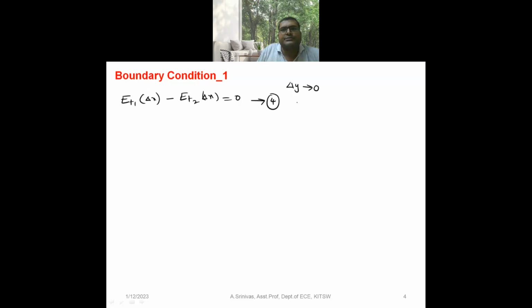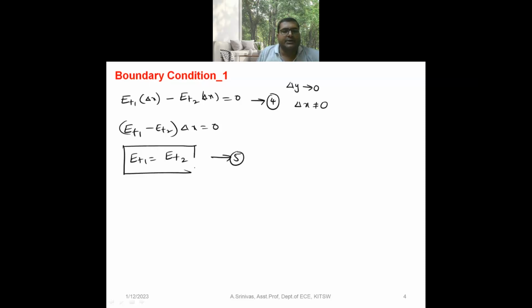As delta x cannot be equal to 0, the term Et1 minus Et2 must be equal to 0, and it will become Et1 is equal to Et2. Let it be equation number 5. The first boundary condition is satisfied. The tangential component of electric field is continuous across any boundary.